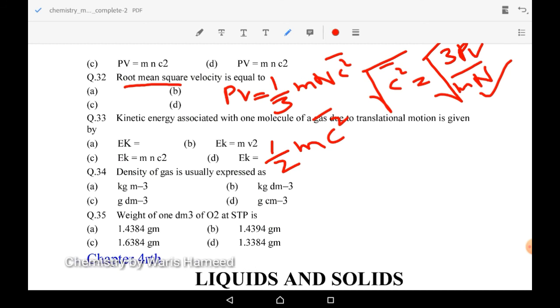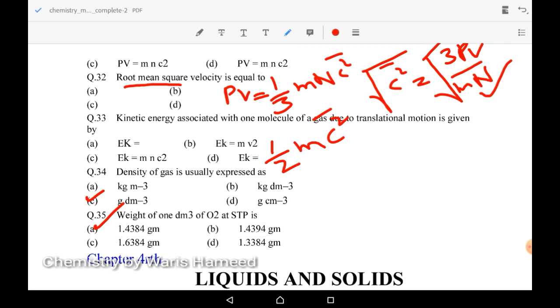Next, density of gas is usually expressed as, this MCQ is again repeating, gram per dm cube. What is the weight of 1 dm cube of O2 at STP? When we calculate, its value is almost near 1.438.